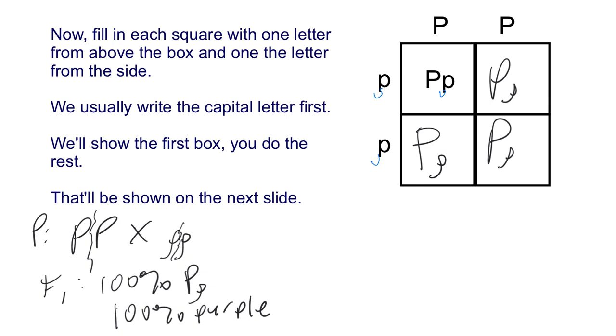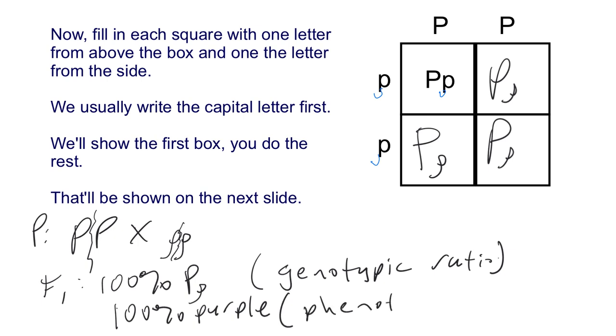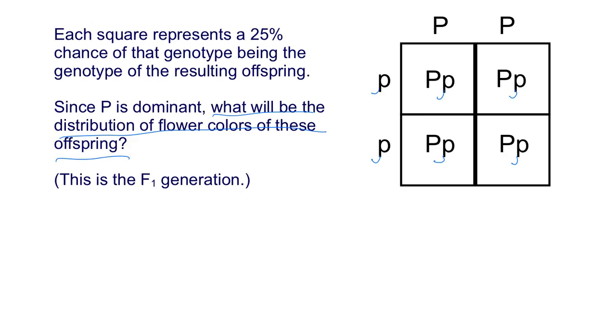So the first one would be the genotypic ratios, and the second one would be what it looks like, the phenotypic ratio. And here you see, that's what they got.